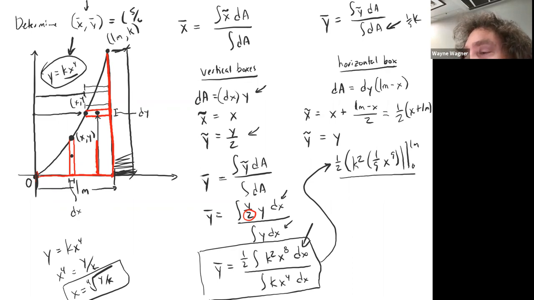And then on the bottom, the K gets pulled out, it's a constant, so we're not worried about that. X to the 5th, 1/5 of that, and then we're going to go from 1 meter to 0.